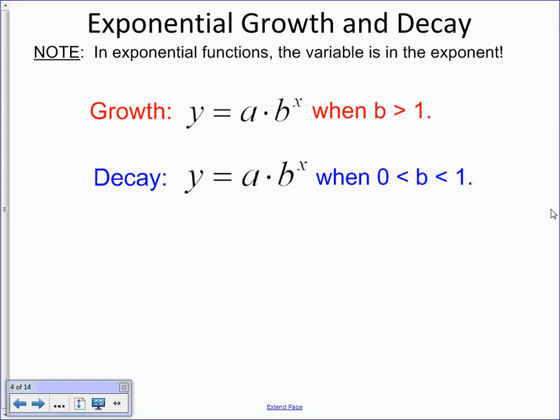What are the values that b is never? If we wrote out the statement b is not, or b is never blank, what would follow that based on the inequalities I gave you? So have a quick chat with your shoulder buddy. What values is b not allowed to be?